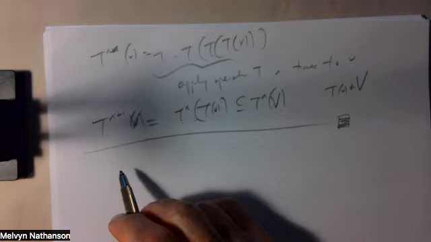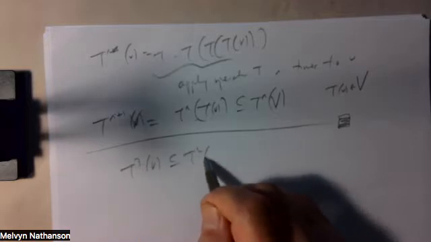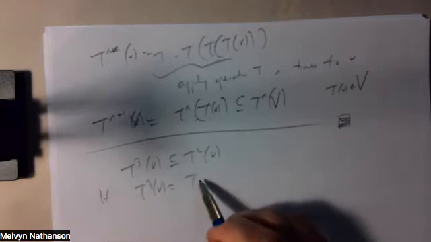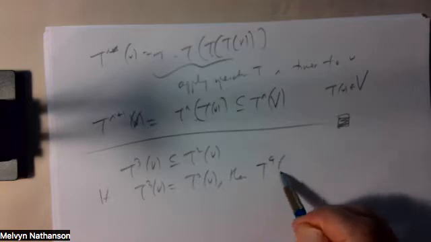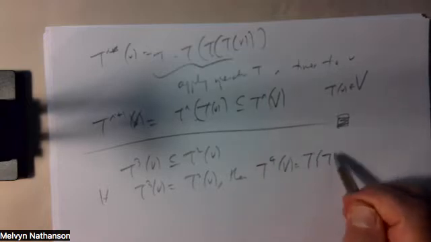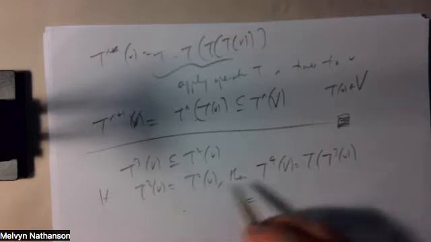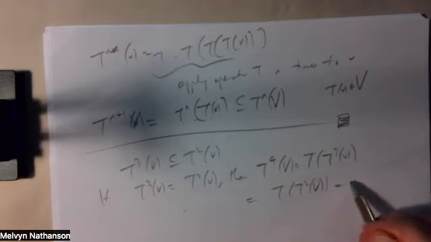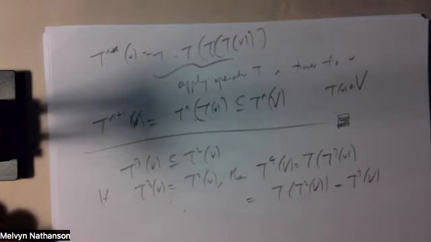And if you have, for example, T cubed of V, we know it is contained in T squared of V. But if T cubed of V is actually all of T squared of V, then T to the fourth of V, that means T of T cubed of V. T cubed of V is T squared of V, and T of T squared is T cubed, and so on, forever.